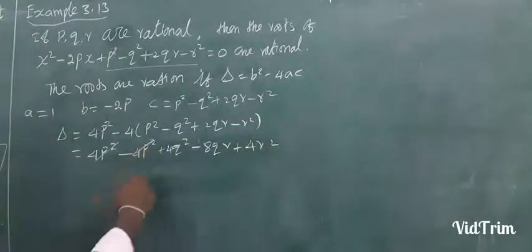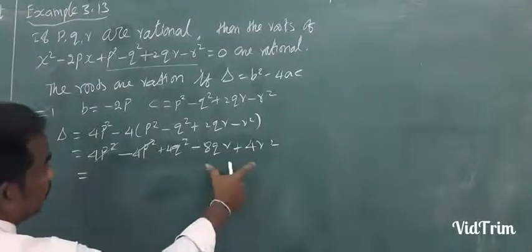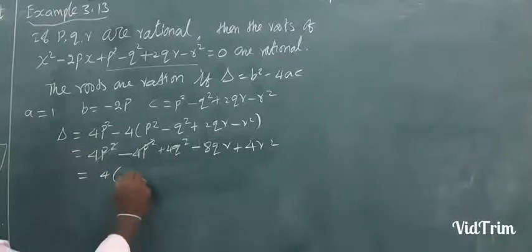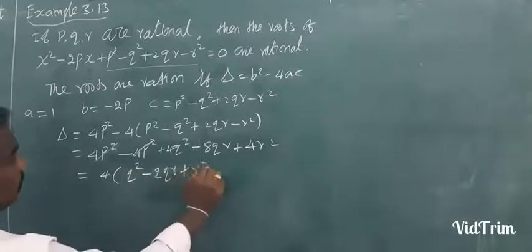Now we cancel plus and minus. The 4 is common, because every term includes 4. So we have 4b square plus 4q square, minus 8qr, plus 4r square. Now we write the remainder terms: 4, 8 and 4, so take 4 as common. The remaining terms are q square minus 2qr plus r square.